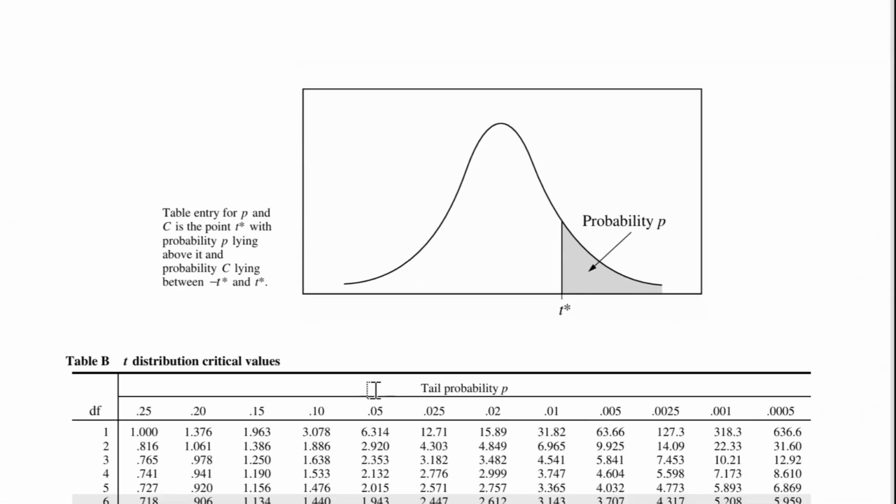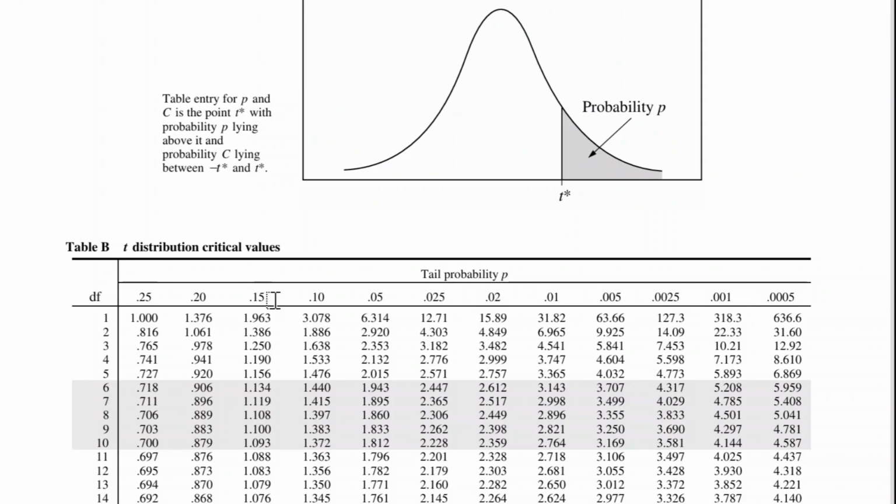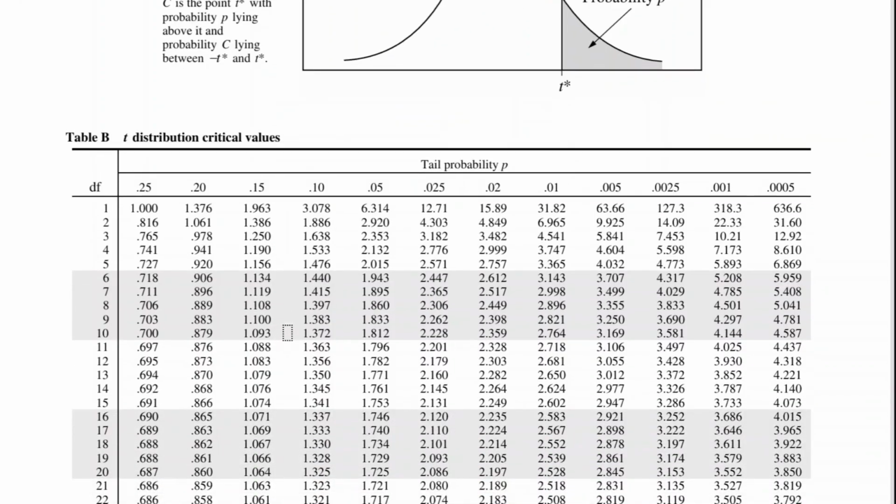So here is our t distribution. Notice we had that 0.025 because it was two-tailed. So we have 0.025 right here, and then 19 here.